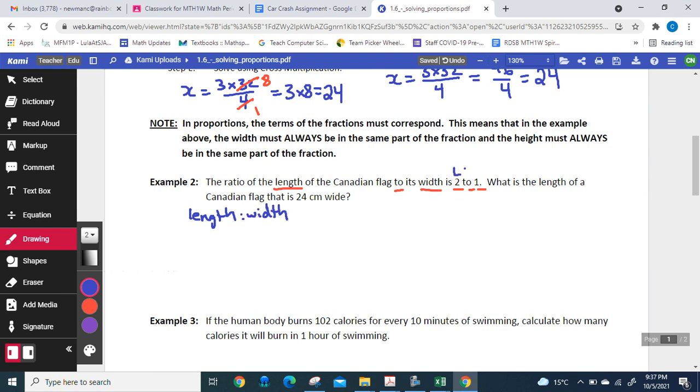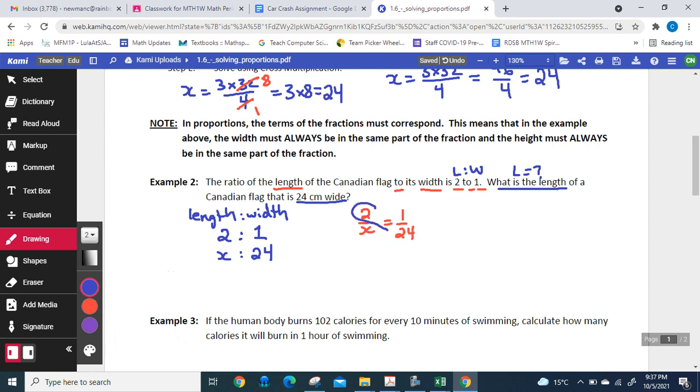And my length to width is going to be 2:1. What is the length? Means that I'm looking for my length. So what is my length if my width is 24 centimeters? So we can set it up like this. Turn it into a fraction. So you get 2 over x equals 1 over 24.